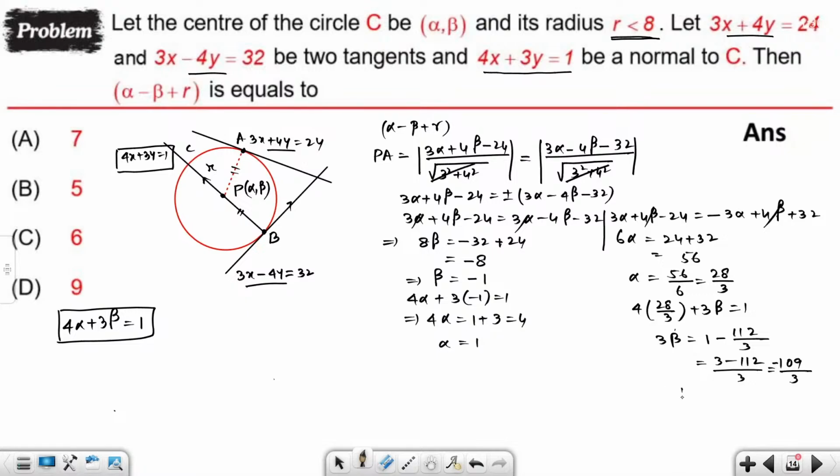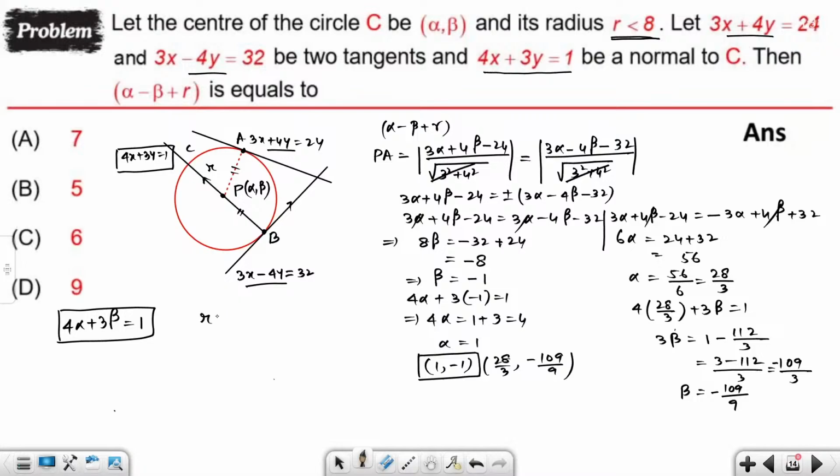Correct? Therefore, your beta is minus 109 over 9. Okay? So your center is either 1 comma minus 1 or the center is 28 over 3, minus 109 over 9. Is it clear?